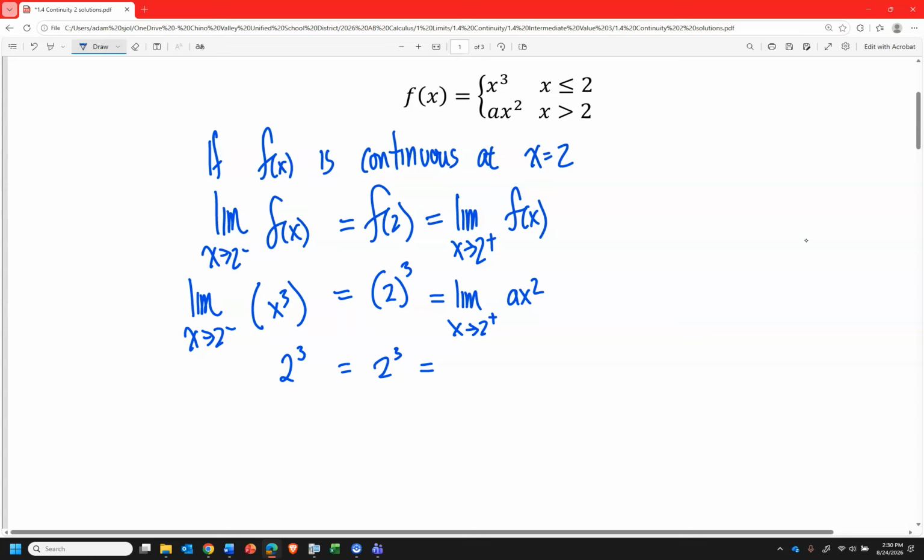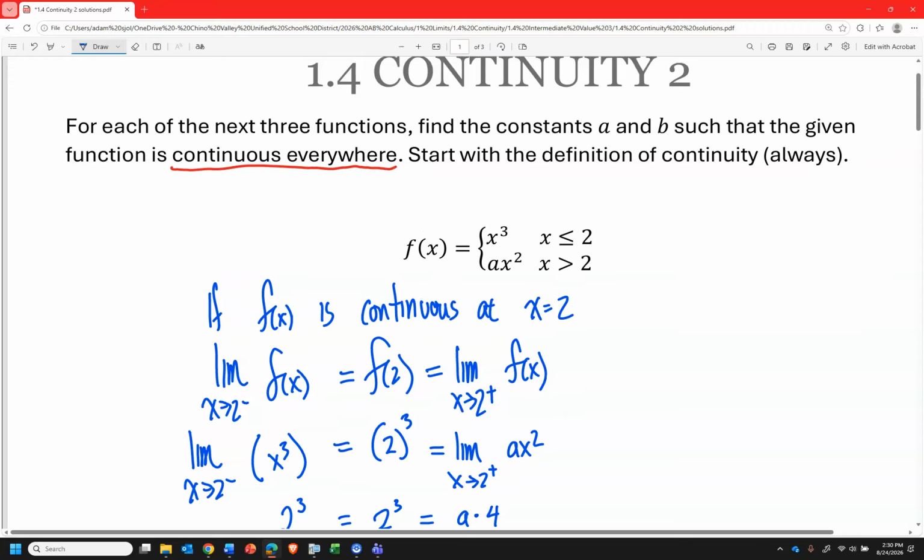I don't know what a is, but I do know if I square numbers near 2, I am going to get 4 once I do the limit. I'm not really sure how to do the algebra, so I'll just say, it's pretty clear that 2 cubed is 8, so 8 equals 4a, and a equals 8 divided by 4, which is 2. Right? So that's how I'm going to find that constant.